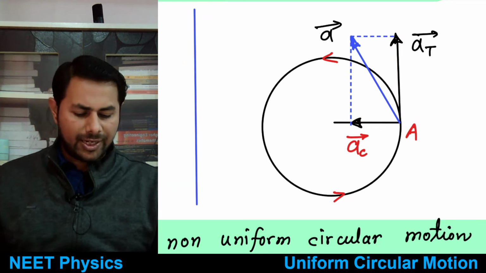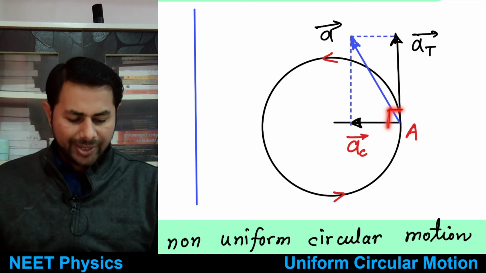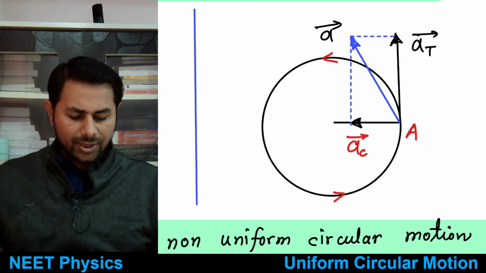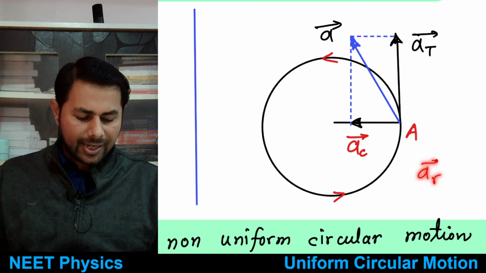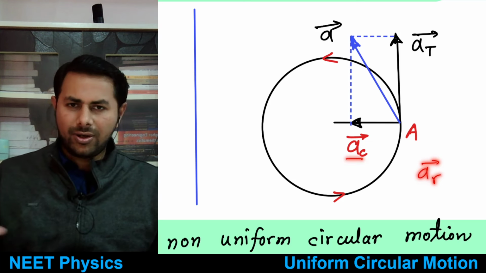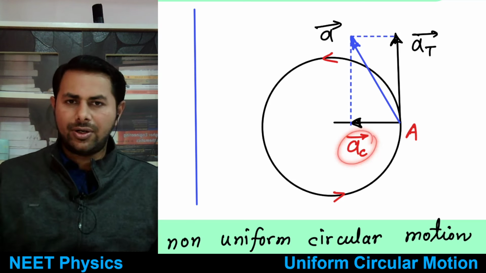So if you just apply the parallelogram law of vector addition, these two are perpendicular to each other, right? So a bar, you can say it's equal to AC bar. It is also called radial acceleration because it is along the radius, so it is also written as AR bar. Centripetal acceleration or radial acceleration, okay.